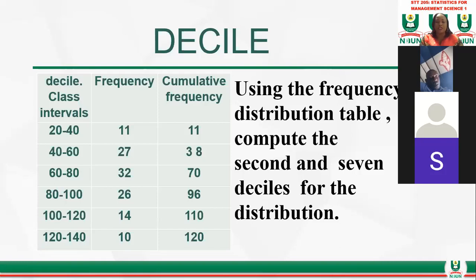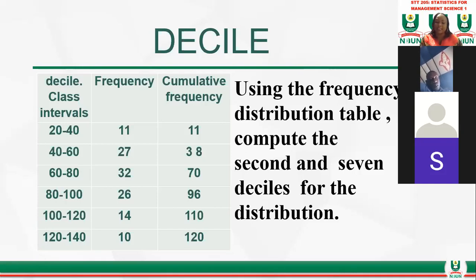Now, I don't want to go to lower quartile and upper quartile. I want to use a definite position, so that when I ask you to compute the second decile, third decile, fourth decile, 94th decile, you can comfortably do that.